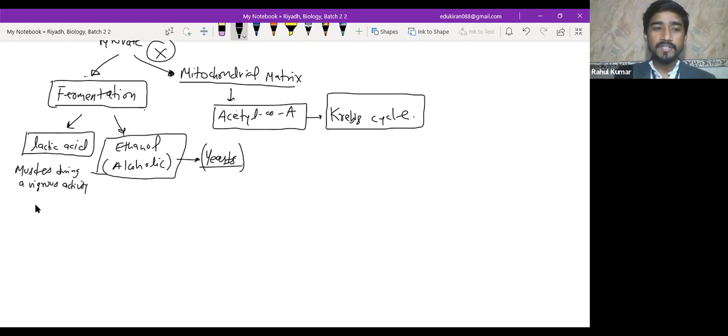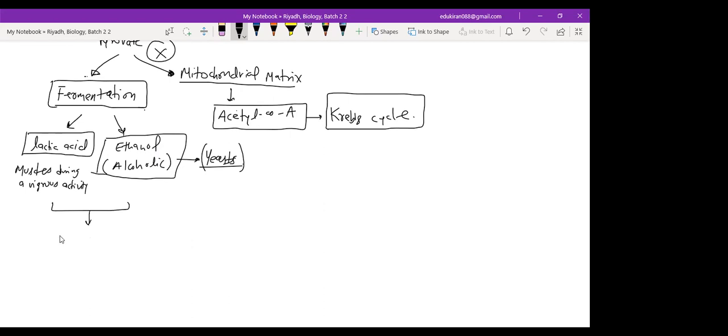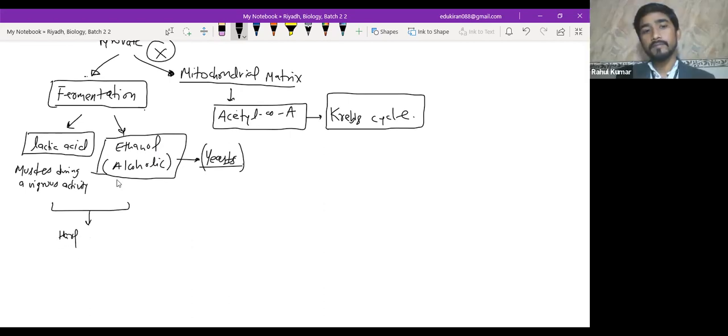And both of these products, are they good for the cell, lactic acid and ethanol? No. They both are harmful for the cell in excess. Okay, ethanol, yeasts cannot tolerate more than 13% ethanol concentration.